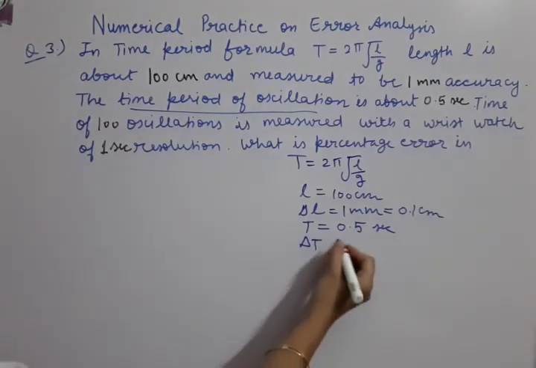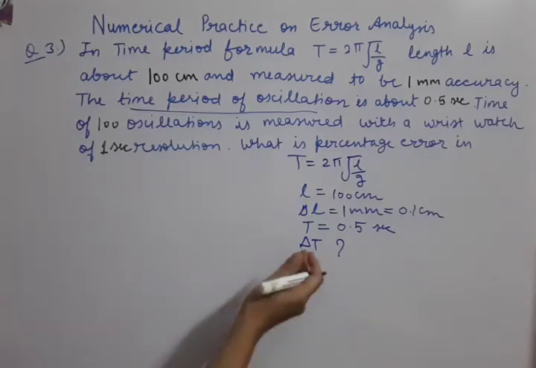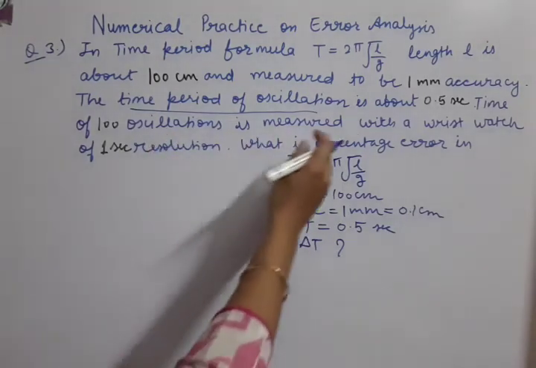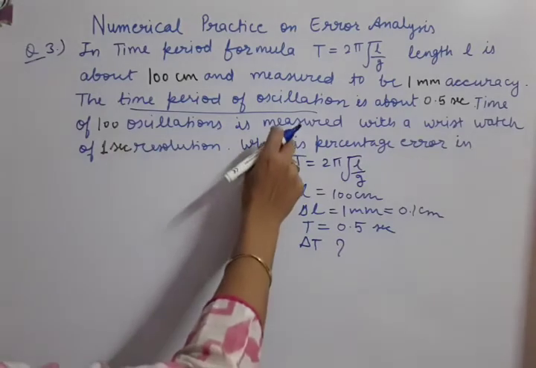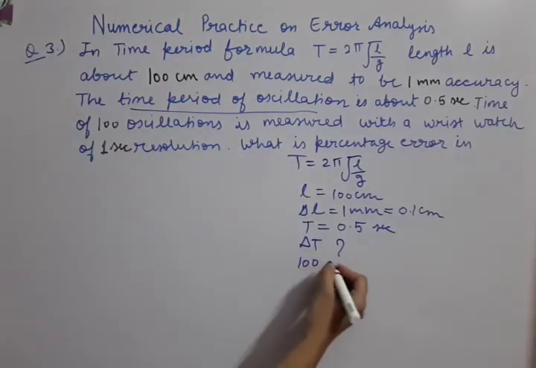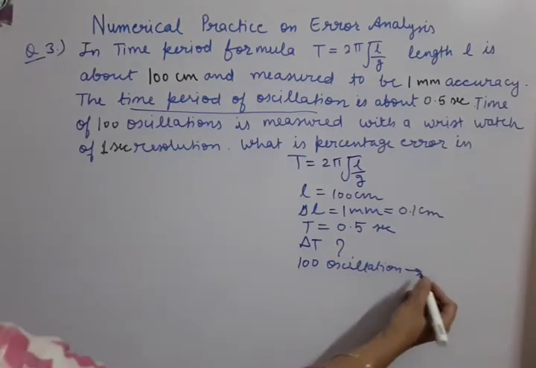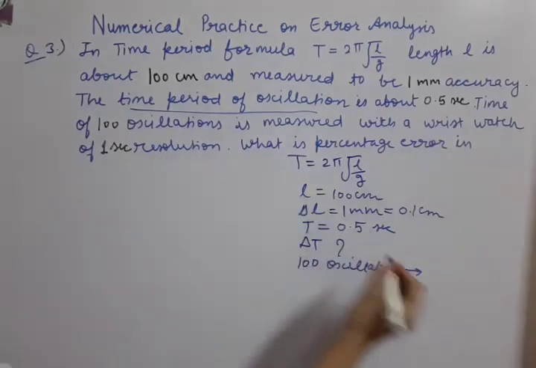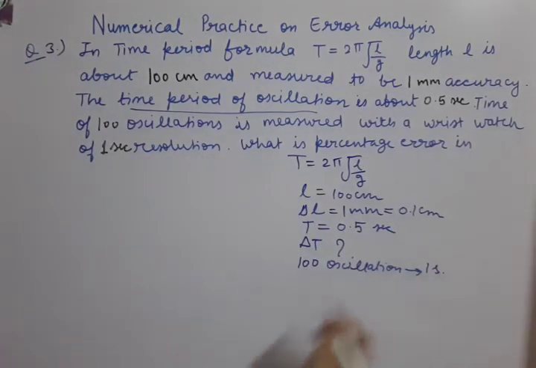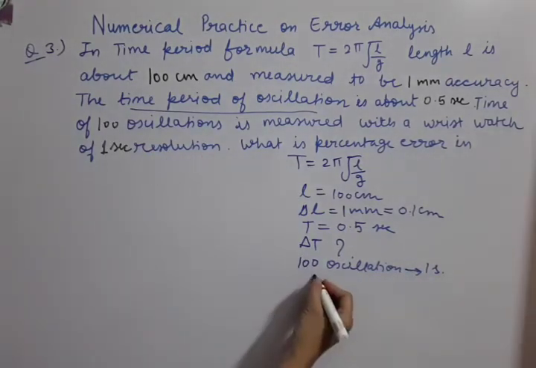So delta T, how to find here? We will be requiring it. So the time of 100 oscillations, okay. So in 100 oscillations, the accuracy is only 1 second. Okay, so we need delta T.